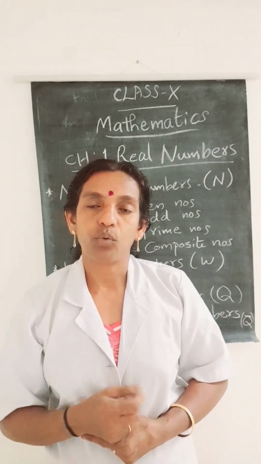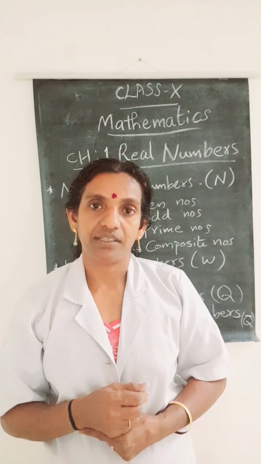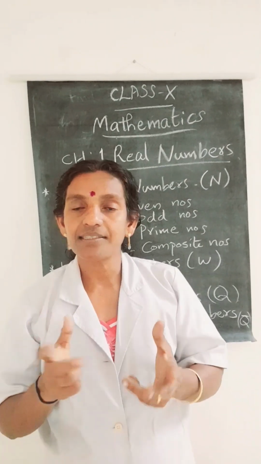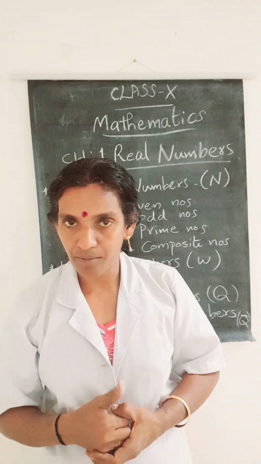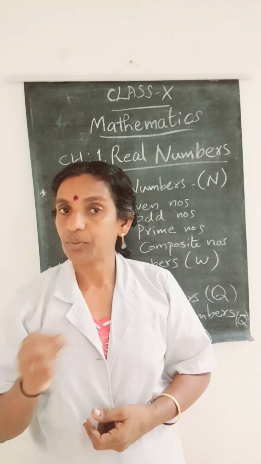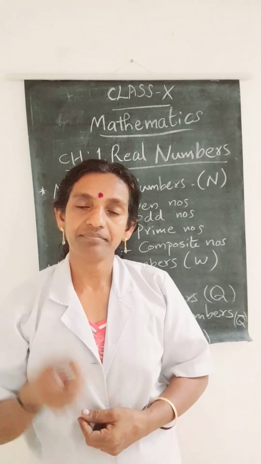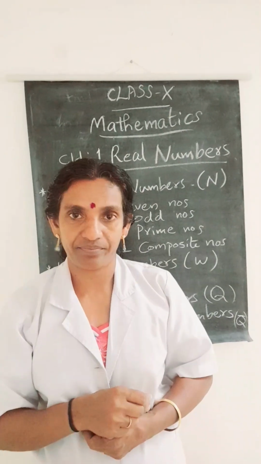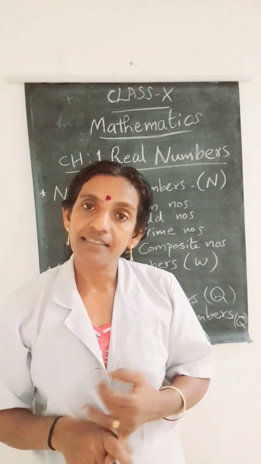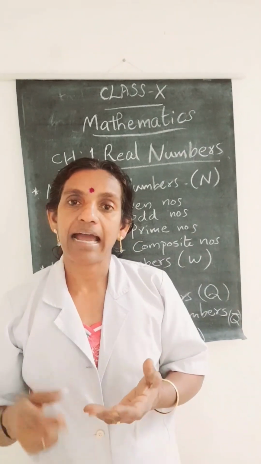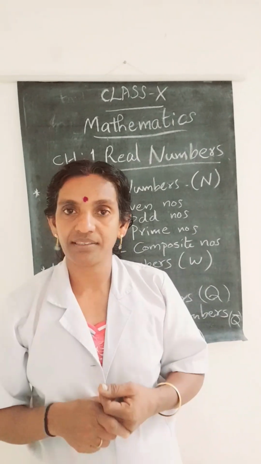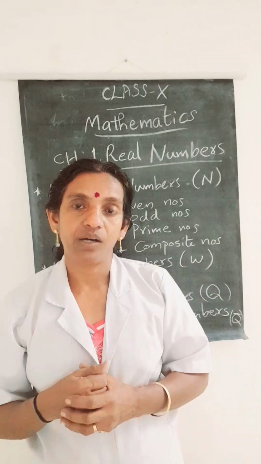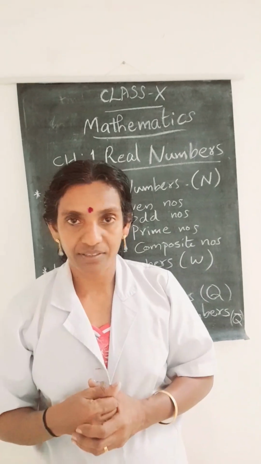Now all these number systems are included in the biggest number system, which is real numbers. So real numbers are rational numbers and irrational numbers together. Integers, whole numbers and natural numbers are included in the system of rational numbers.